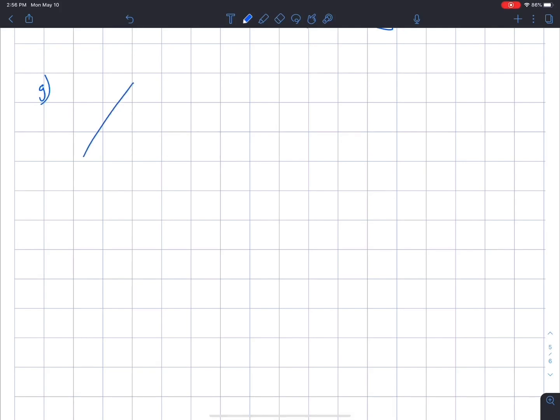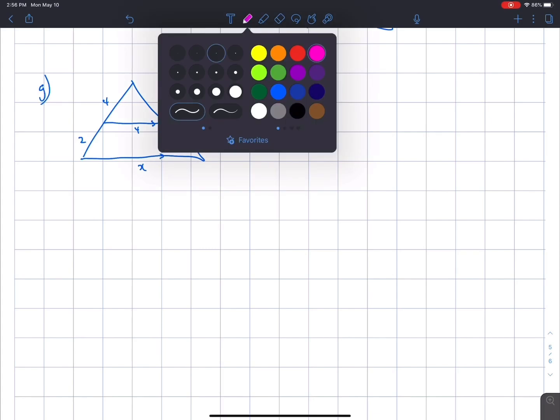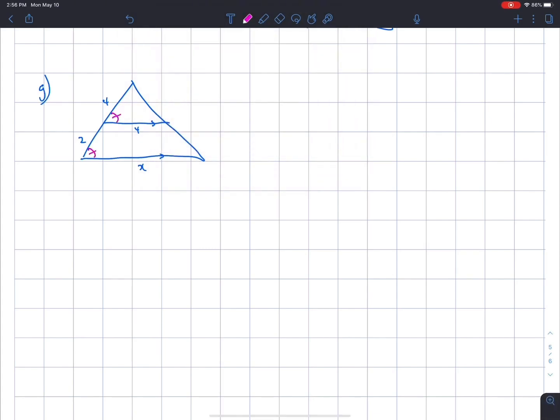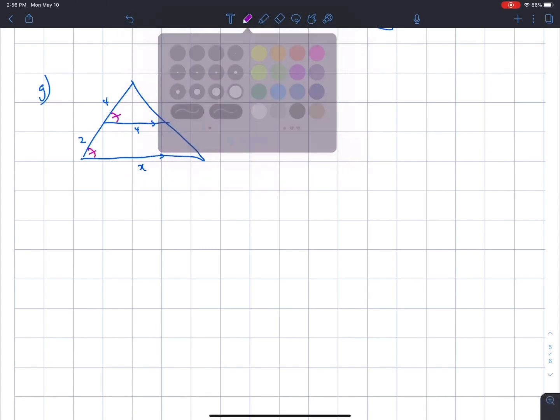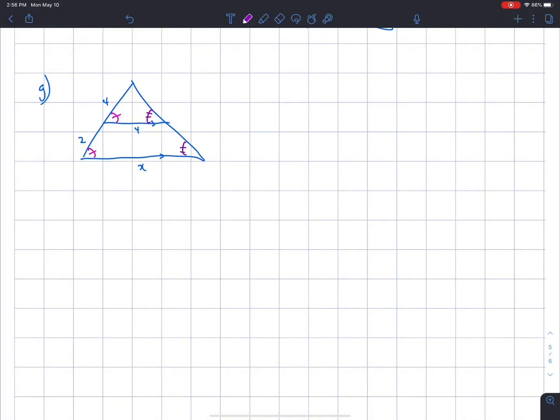G. So these are corresponding angles, so they must be equal. Same idea. So this will be x over 4 equals 6 over 4, right?